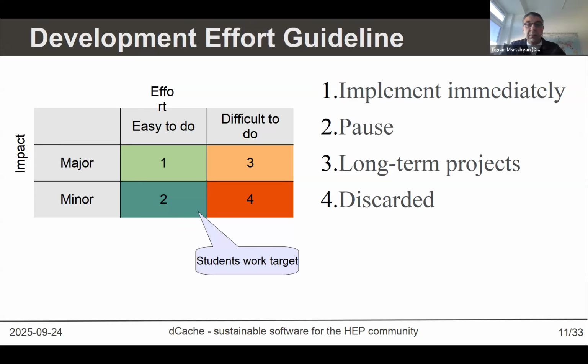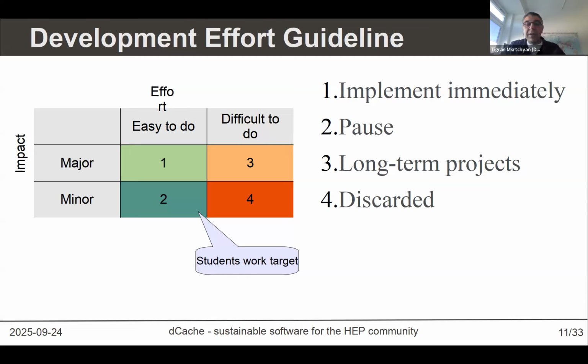One category is easy to do, high impact. The other is easy to do, low impact or low priority. Some of them are difficult to do but high impact, and finally there is one category which is difficult to do and low impact. The last category is pretty easy. We just don't do it.